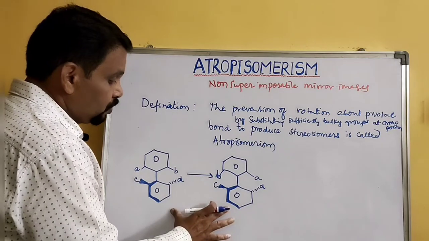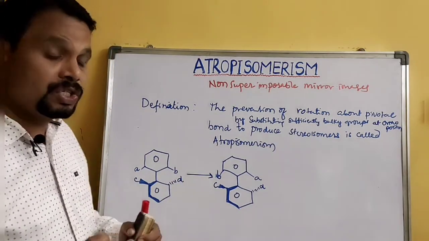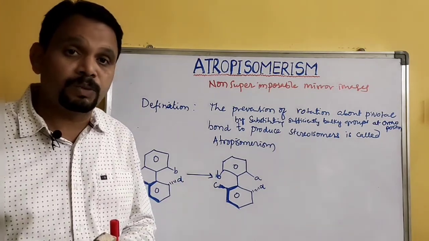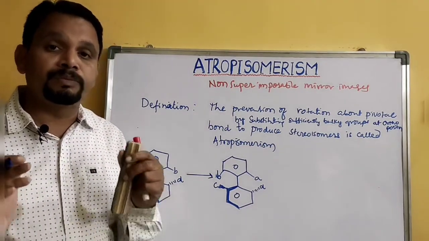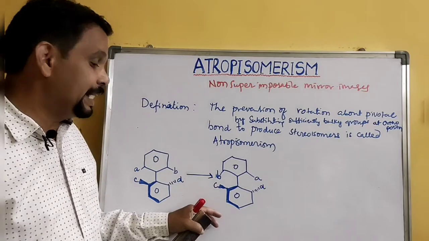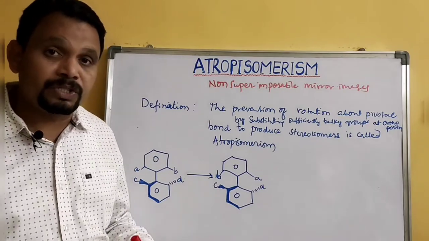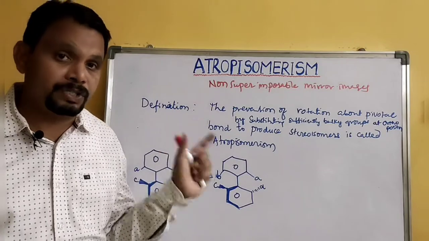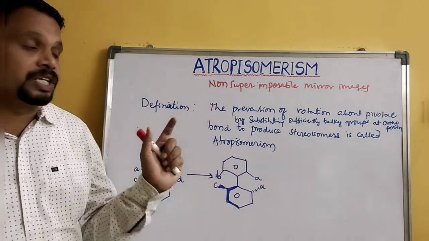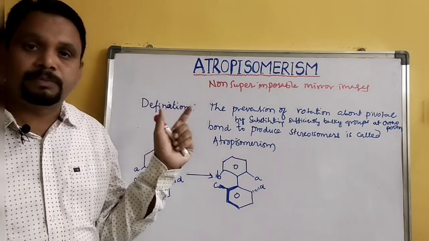Both exist as independent stereoisomers, and they are non-superimposable mirror images. Therefore, they can be called enantiomers. This phenomenon is known as atropisomerism. I hope you understand.